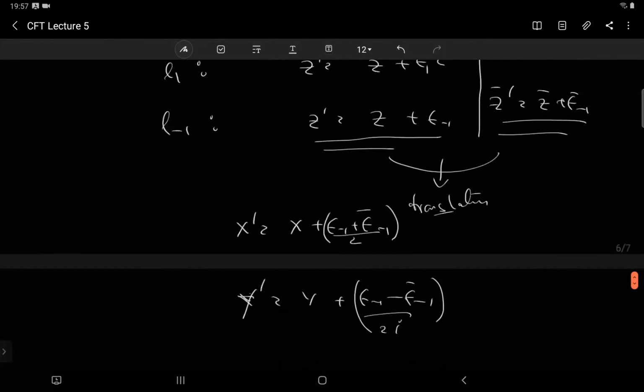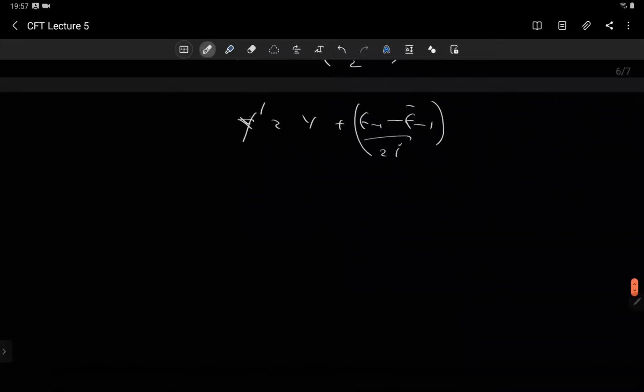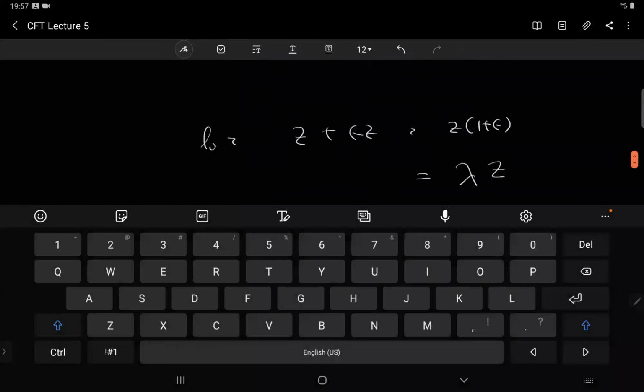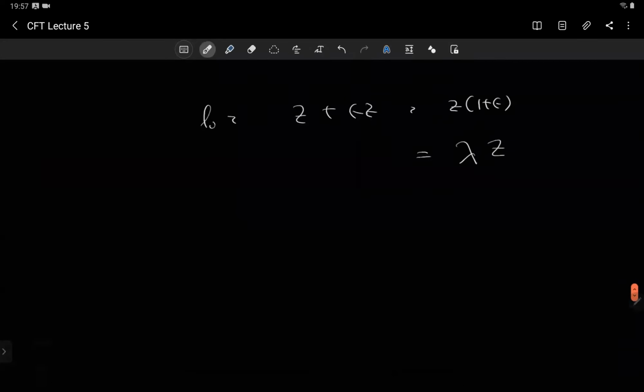Now, if you look at the first one, L0, what is L0? It is z plus epsilon z, which is the same as z times 1 plus epsilon. The finite version of this is some complex constant lambda times z. But a complex constant can be written as mod lambda times e to the i phase theta lambda, times z.